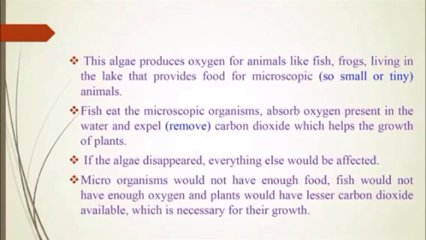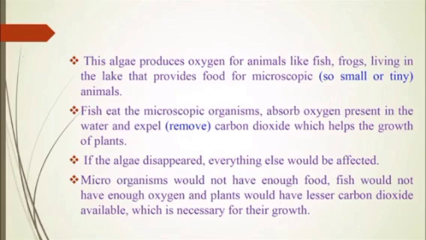Here we can see the picture of algae in the lake. These algae produce oxygen for animals like fish, frogs living in the lake and provide food for microscopic animals. Here, microscopic means so small or tiny animals. Fish eat the microscopic organisms, absorb oxygen present in the water and expel, expel means remove, carbon dioxide, which helps the growth of plants.